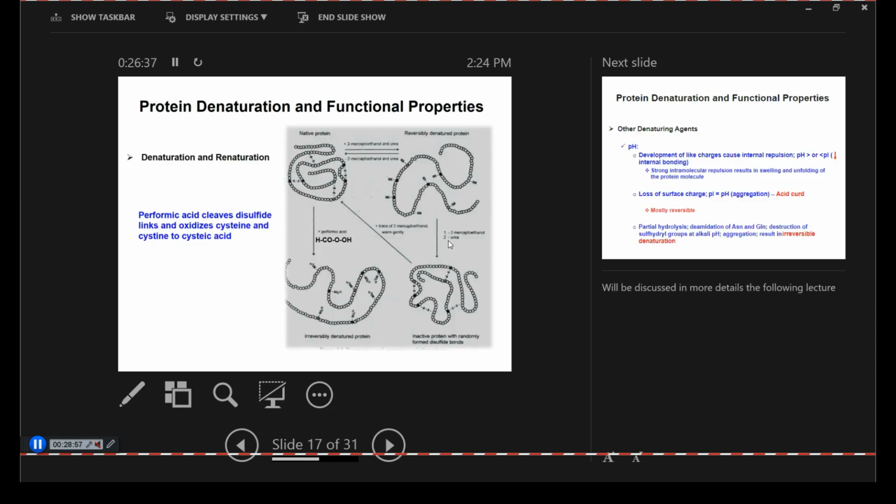Okay, so denaturation and renaturation. So let's say we have a native protein. And that protein has a lot of disulfide linkages, and we put a reducing agent and also a denaturing agent, which is urea.